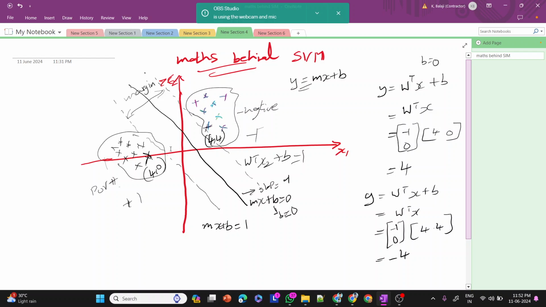We saw a basic example of an SVM, but in real-time scenarios we cannot see two-dimensional spaces. In real-time scenarios, we have many-dimensional space.